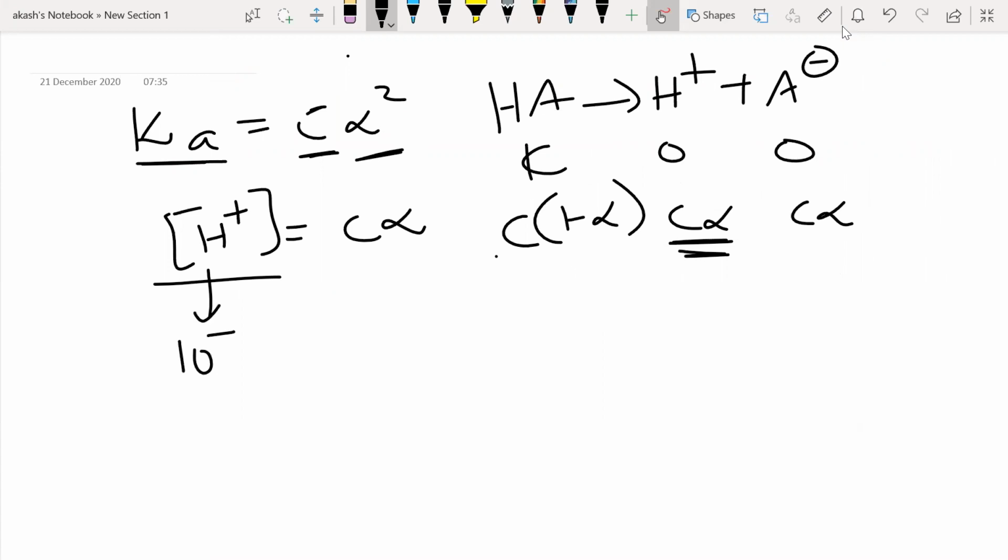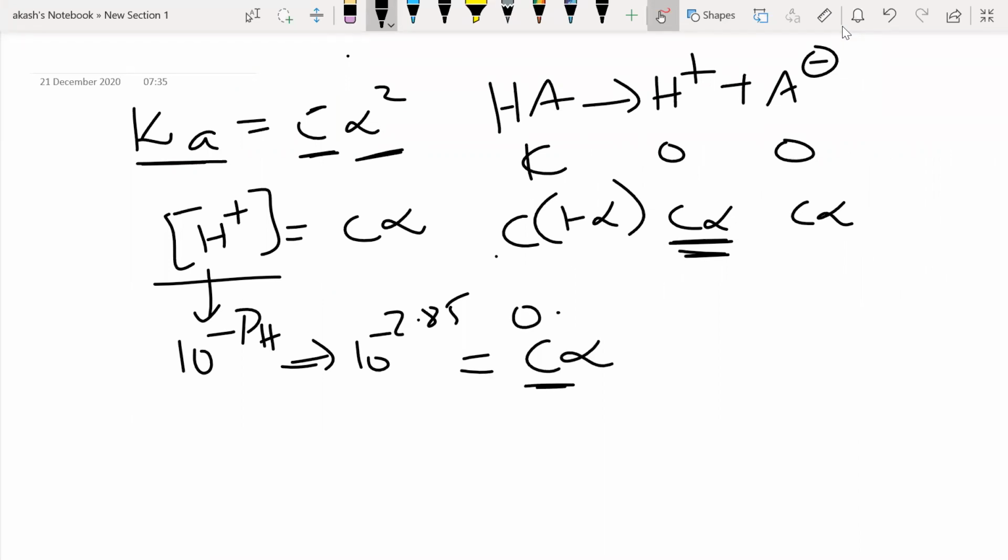Just now I told you it is 10 to the power minus pH. pH is given to you, so it is 10 to the power minus 2.85. That is the H plus concentration. Now that is equal to C alpha. Concentration is 0.08 M, so from this you will be able to find alpha, and then find the Ka value.